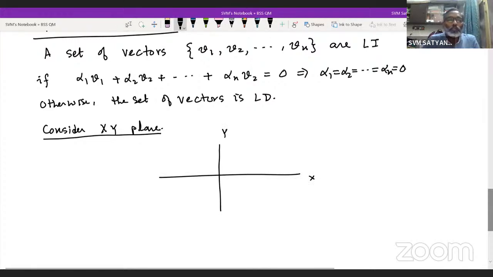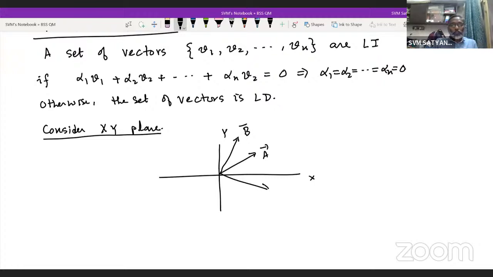Let's say that I have a vector A, and let's say I have another vector B. Now A and B are, as we have discussed already, linearly independent. Now let me draw another vector C here.